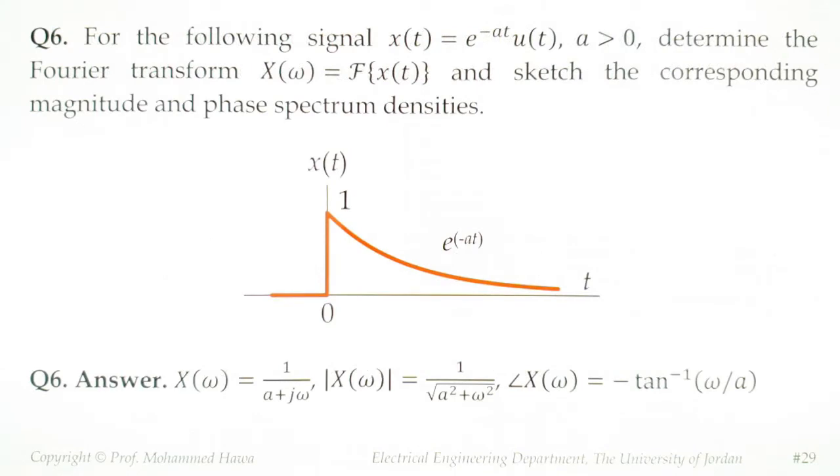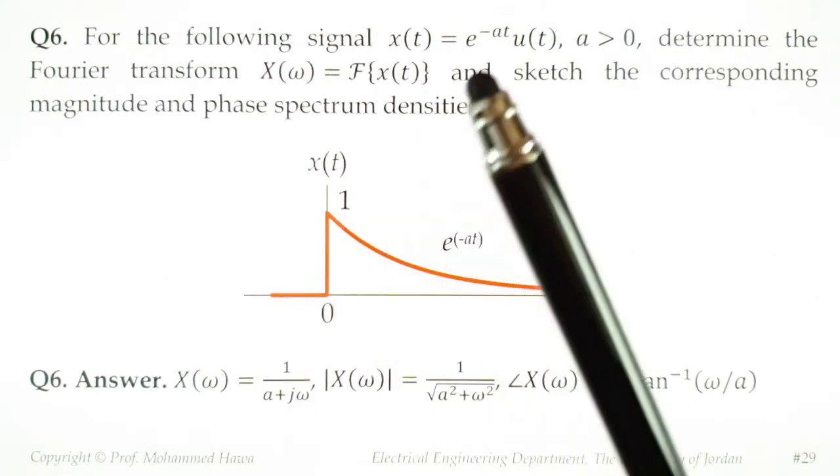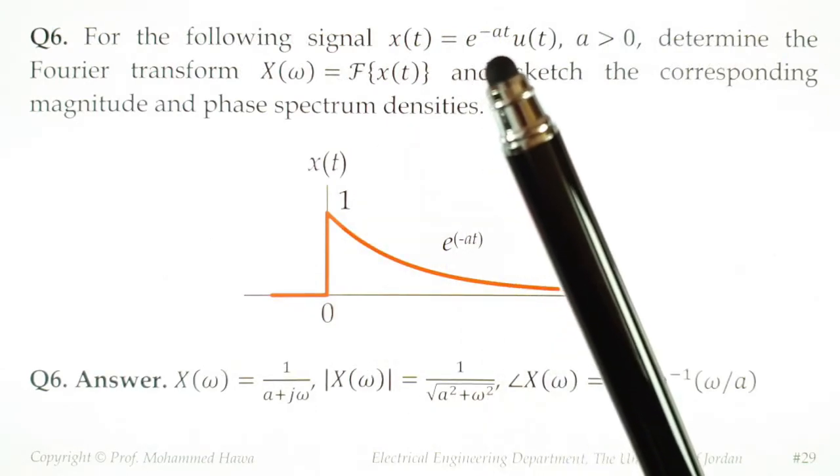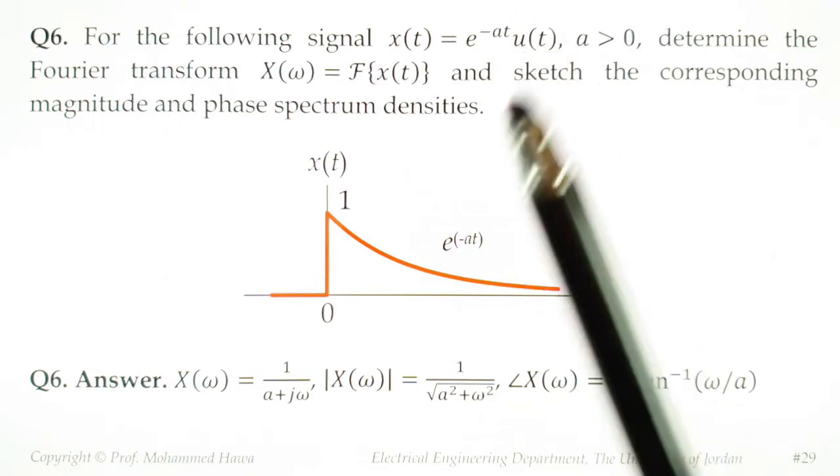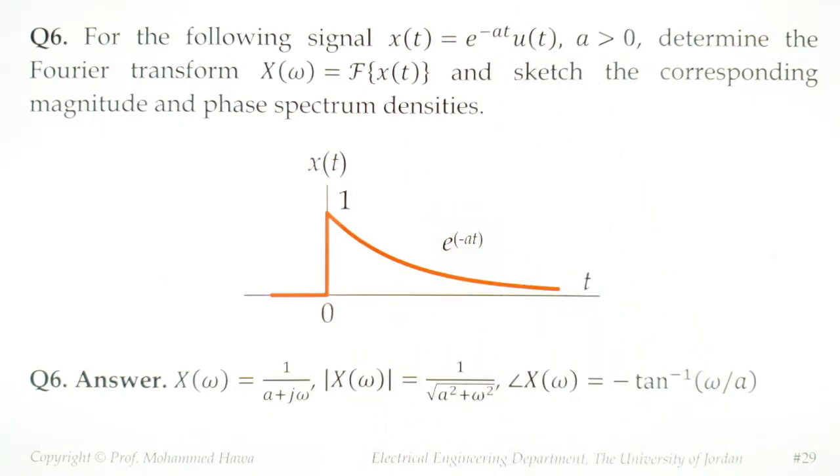Another homework for you to practice: you have x of t exponential e to the minus a t u of t, which looks like this. Determine the Fourier transform X of omega and sketch the corresponding magnitude and phase spectrum densities.